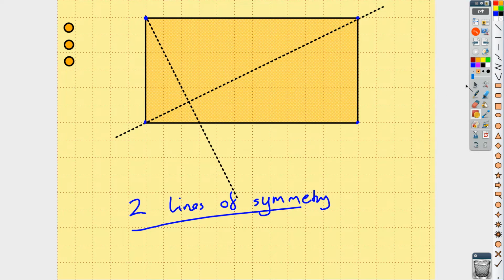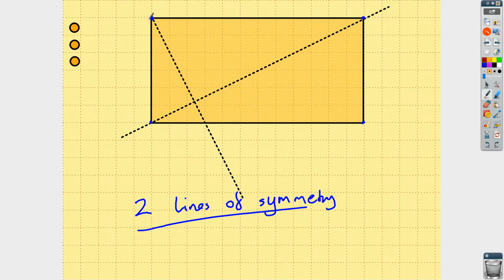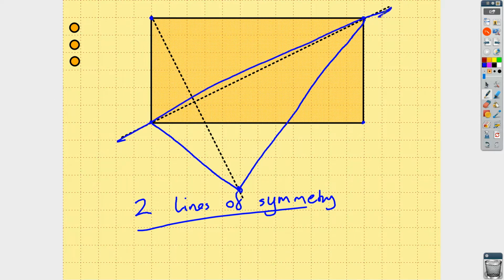What that means is when you take this point here, it has to go the same distance here and the same distance here. So it's going to end up somewhere a bit more like here. And the shape that you end up with, if you draw that out, is this one here. So it doesn't match up with the rectangle. What that means is this line here can't possibly be a line of symmetry on this rectangle.